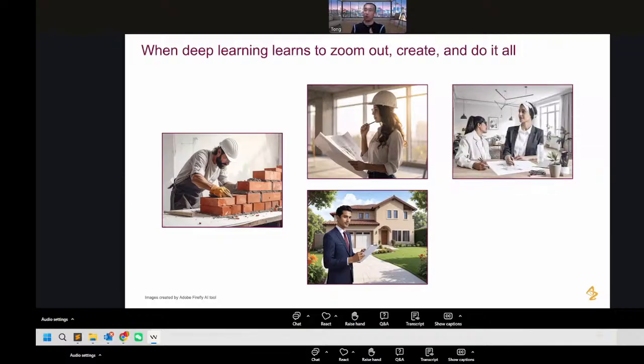Then another one is what we call the GAN model. I think the picture here doesn't show it that clearly, but think of someone trying to print fake money, right? You print the fake money and you try to spend it, and the cops try to catch you because they have to inspect whether the money is real or fake.